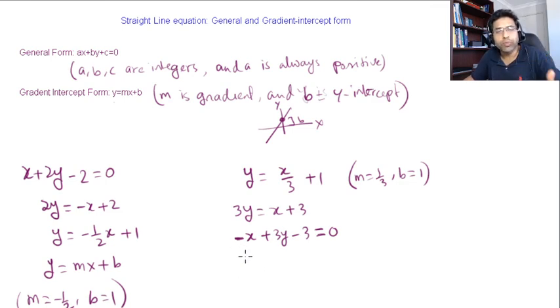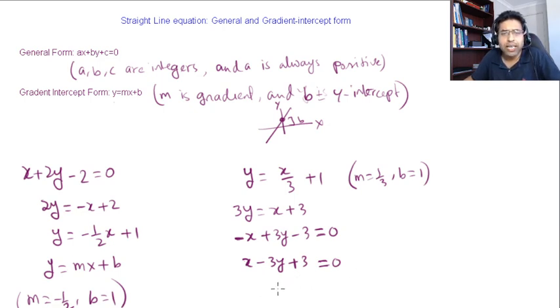So in order to make x positive, we just need to multiply all the terms by negative. It would be x minus 3y plus 3 equal to 0. I am multiplying all these three terms by negative. It would be positive x, negative 3y, and positive 3, and the right side will be just 0, because if you multiply 0 by a negative, it is still 0.